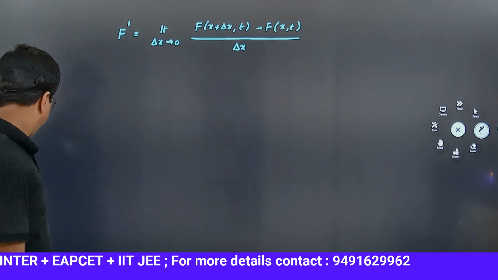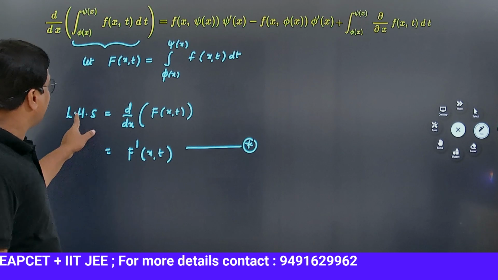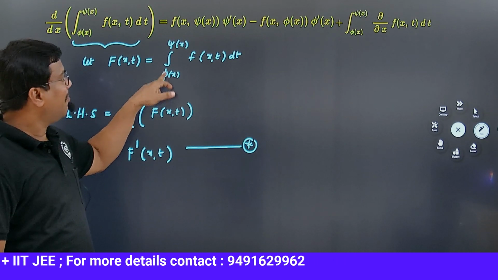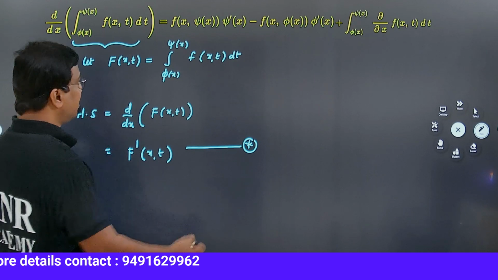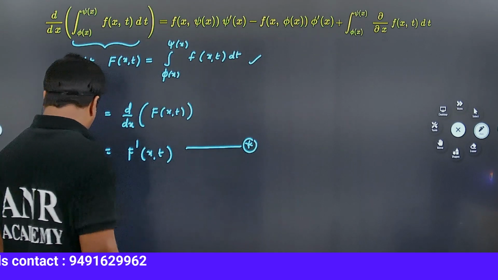See here, capital F of x comma t is the integral from phi of x to psi of x of f of x comma t dt. Using this result, now I am going to substitute the numerator part.